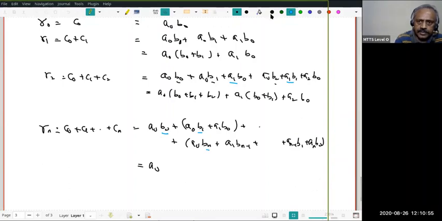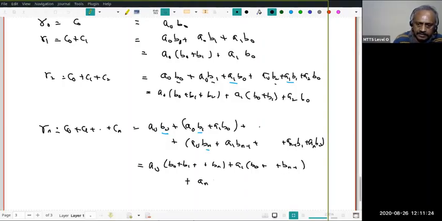Therefore, this is going to be A naught into B naught plus B1 plus up to Bn. Plus what will be A1? The terms have to add, therefore A1 will start from B naught, but it can go up to only Bn minus 1. Is that clear? And when I come to An, it's just B naught.